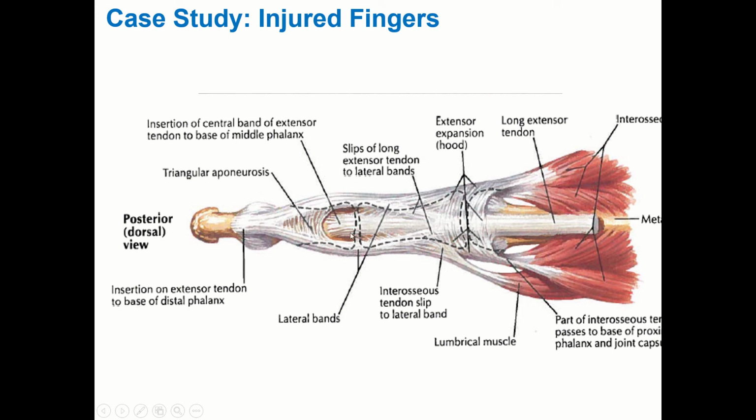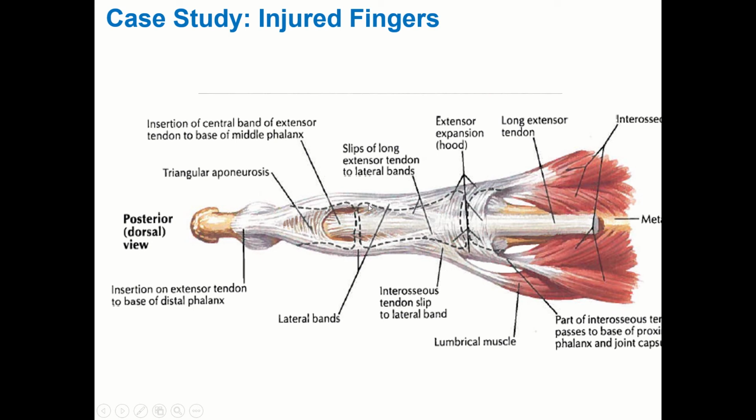When this joint was forced into flexion, she avulsed, or pulled off, the central slip of the tendon. When that happened, that pulled away some, and then that flexion pushed the distal end of the proximal phalanx and the proximal end of the middle phalanx through this space between these two slips, right?